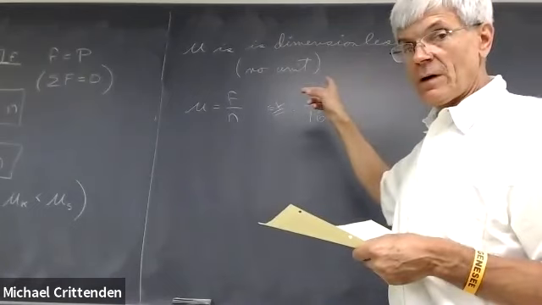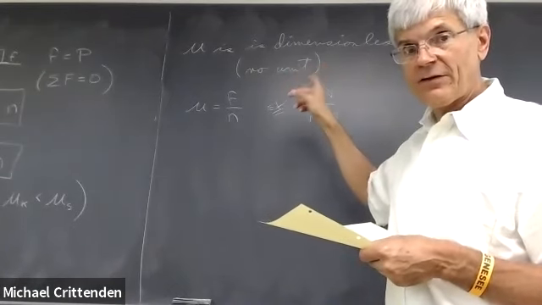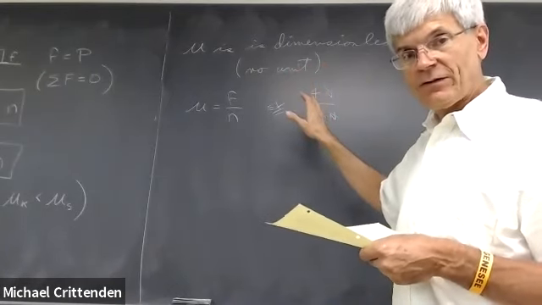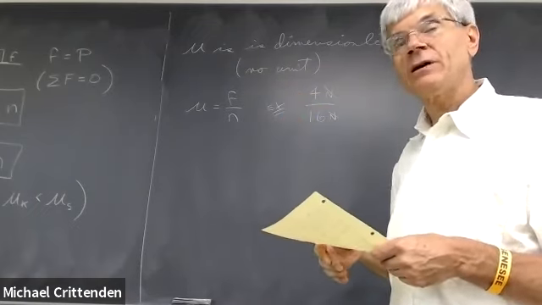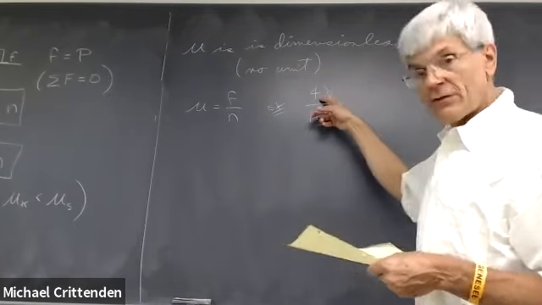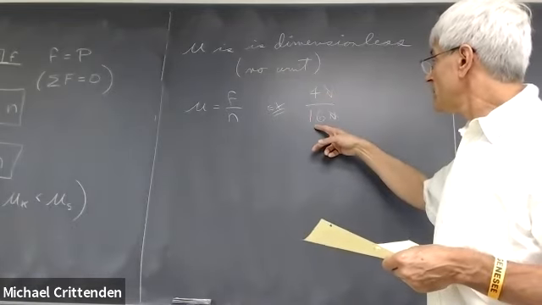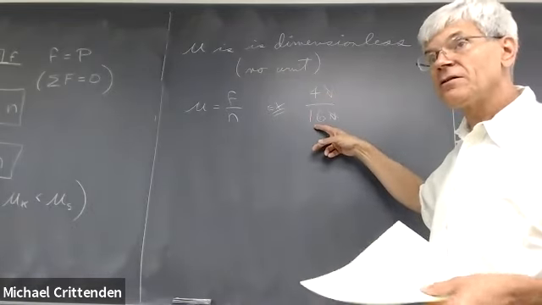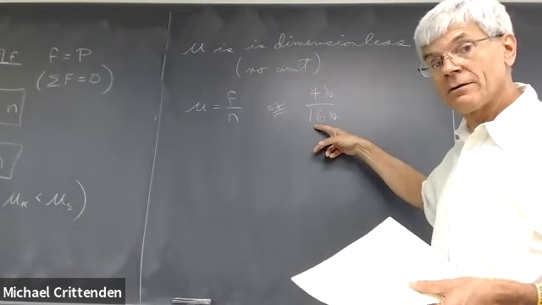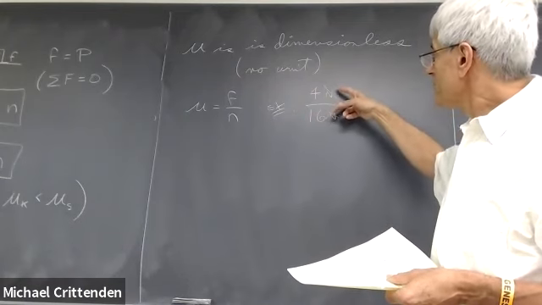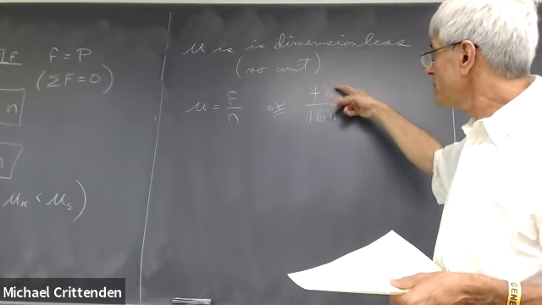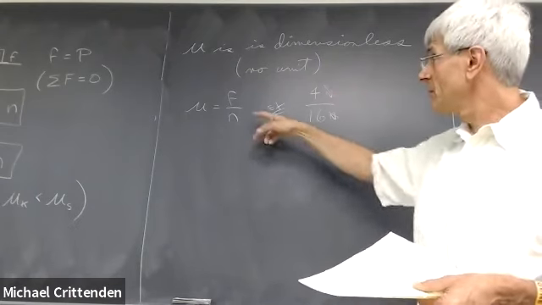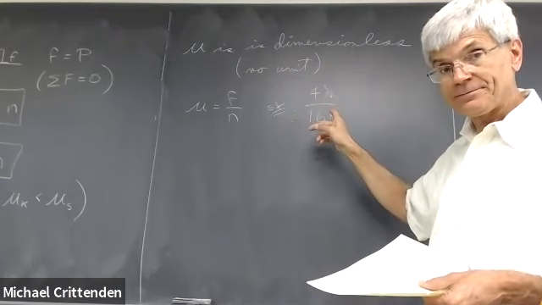A dimensionless quantity is something that takes on the same value in any system of units. Kind of rounding off and being approximate, 4 newtons is about a pound. 16 newtons, kind of sort of roughly 4 pounds, okay? Whether it's 1 pound divided by 4 pounds or whether it's 4 newtons divided by 16 newtons, it comes out 0.25.